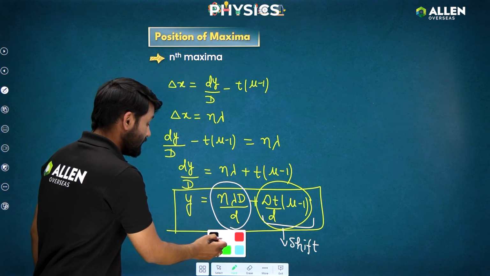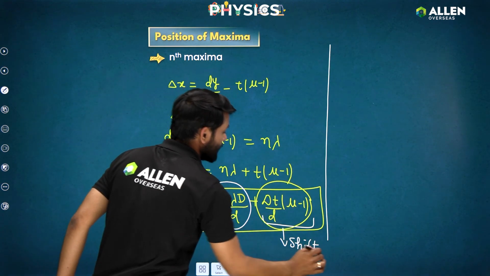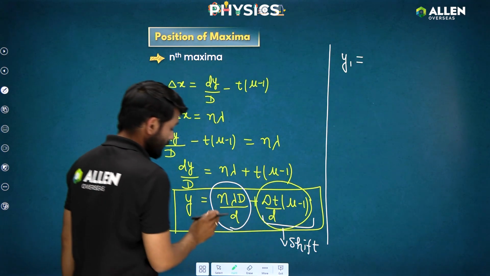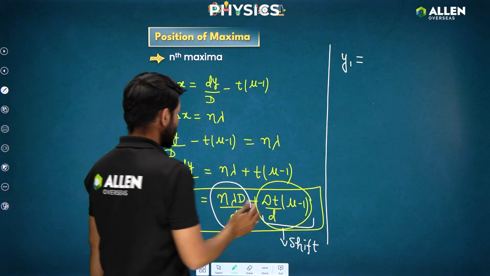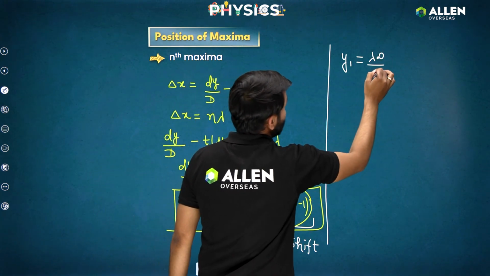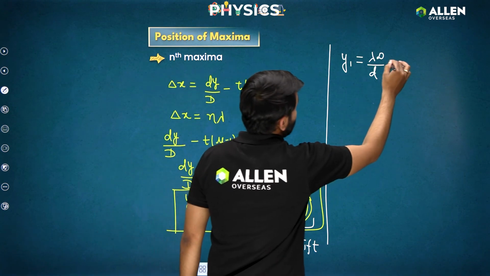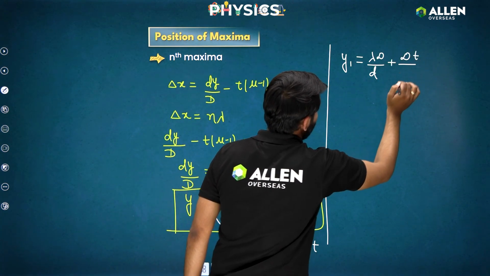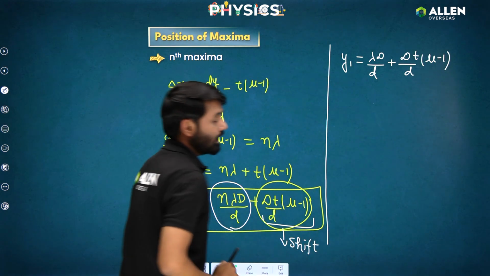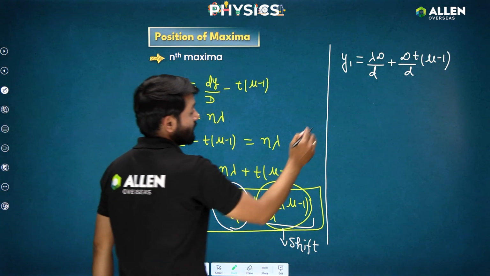If you find the position of first maxima, I am writing y1, you have to put n is equal to 1. So it's lambda D divided by small d plus dt divided by small d (mu minus 1). Right, students? This is your position of first maxima.